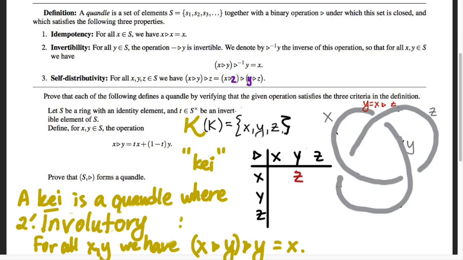For the same reason, y triangle z is x, and z triangle x is y. What's x triangle x going to be? x. That's rule number 1 for quandles, which is the same as rule number 1 for Keis. y triangle y for the same reason. z triangle z for the same reason.